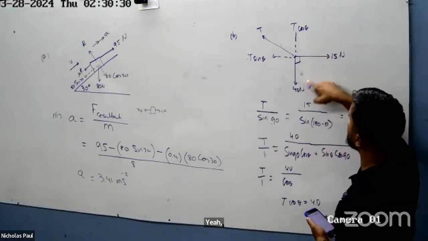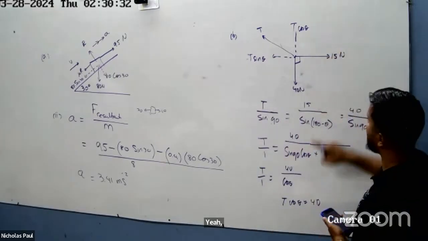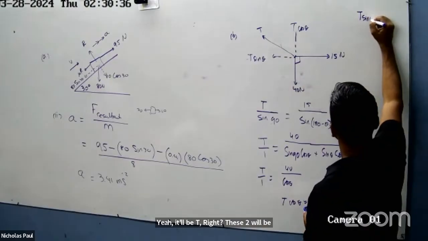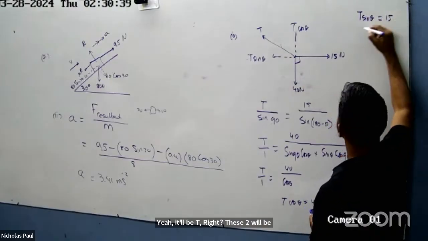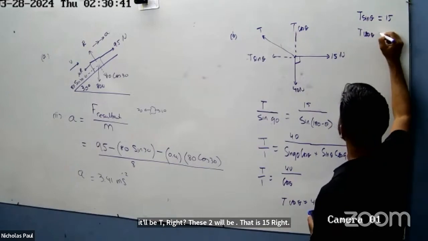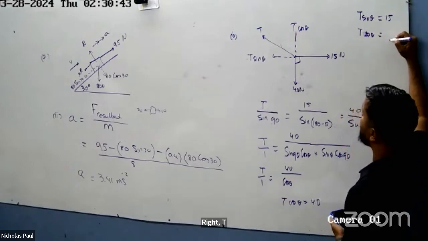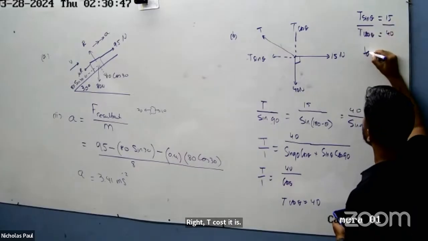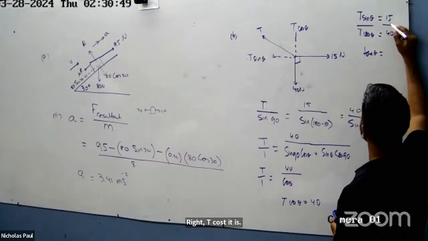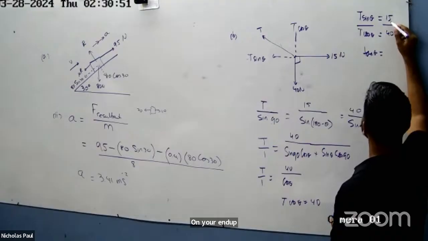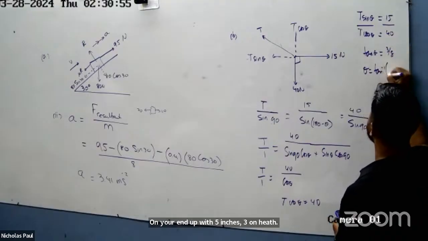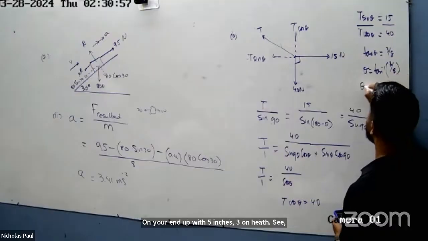These two will be equal. T cos theta is 40. T sine theta is 15. Divide, and you'll end up with tan theta is equal to 15 over 40, which is 3 on 8. Theta is equal to tan inverse 3 on 8.